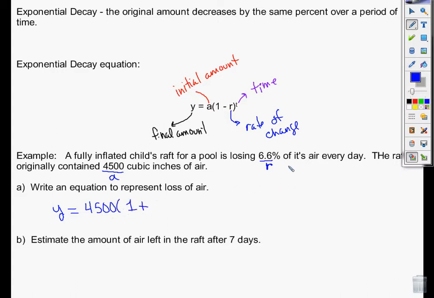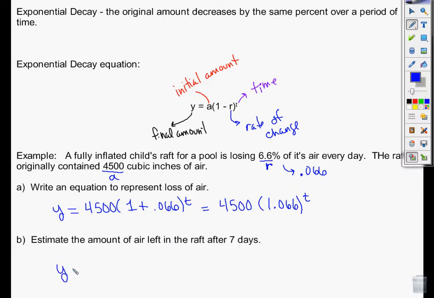We want to turn r into a decimal, so it's 0.066, because we move it 2 places. And then we add it together, and we get 4,500 times 1.066 to the power of t.